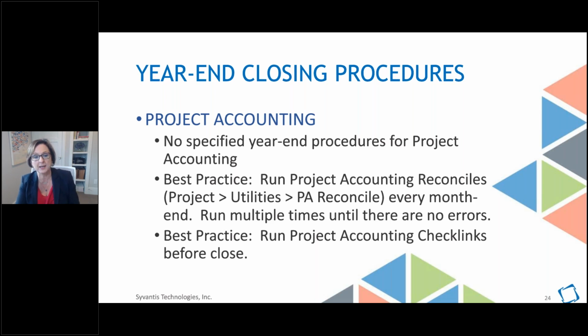If you do that and you run check links as well, you will have so many fewer issues with project accounting. In fact, if you are a very heavy project accounting user, I recommend full reconciles and check links every single month end. If you do that, you will have so many fewer data issues of things that just don't seem right, or don't calculate properly on revenue recognition. It'll just take care of a lot of issues for you.